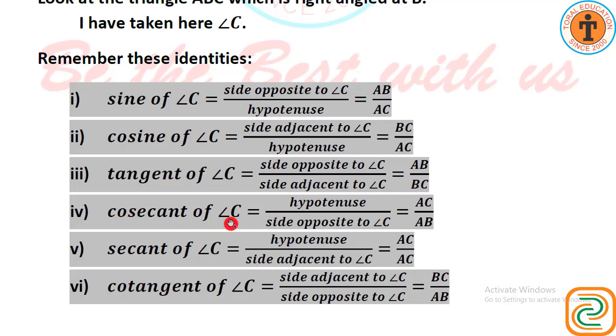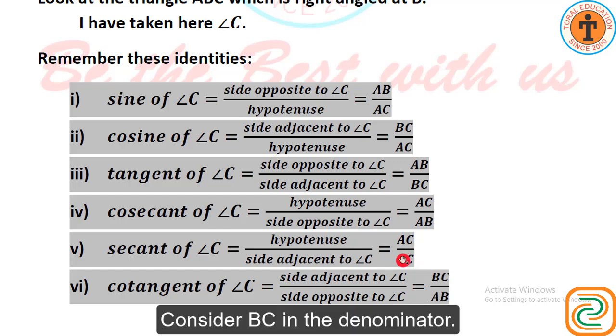Cosecant of angle C is just the reciprocal of sine: hypotenuse upon side opposite to angle C. Secant is the reciprocal of cosine: secant of angle C is hypotenuse upon side adjacent to C, AC upon BC.